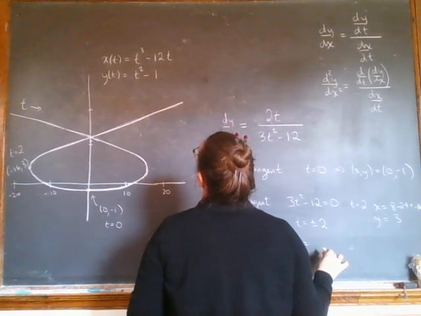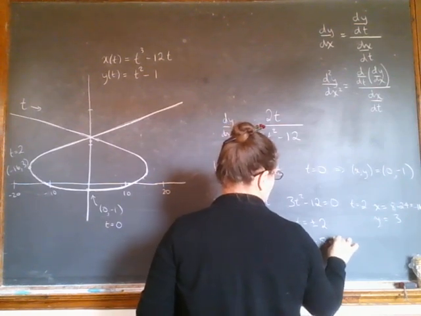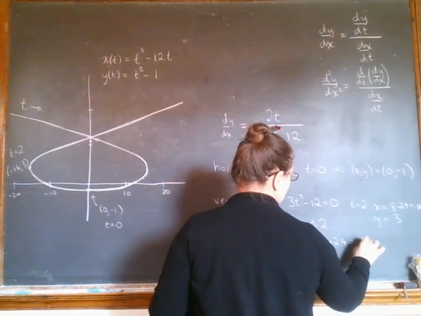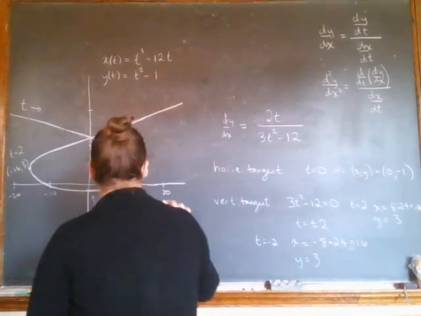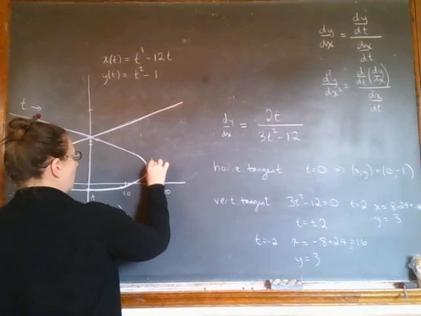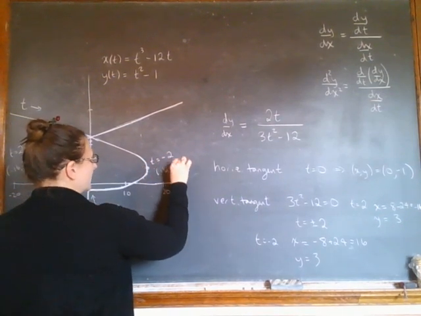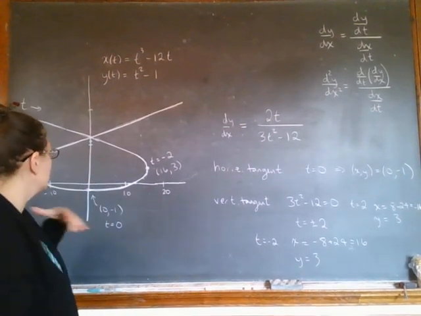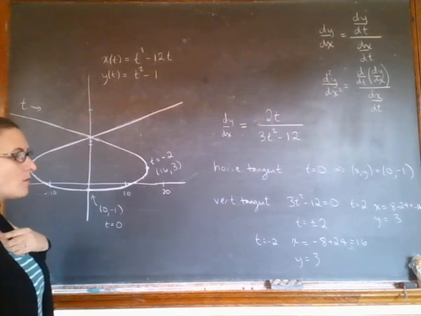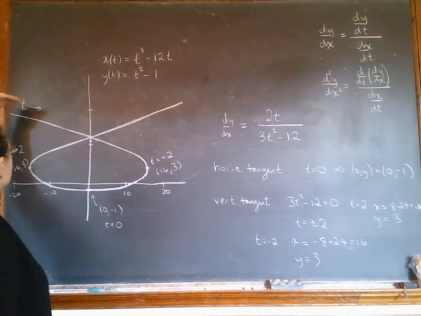I have positive 16 and y equals 3. So that's going to correspond to this point. T equals negative 2 corresponds to this point. All right. So it's interesting just to look at that, and I said it already, but you can see that that's what's happening as t.